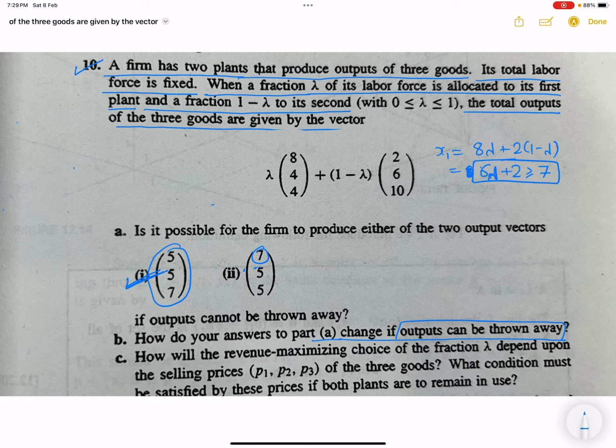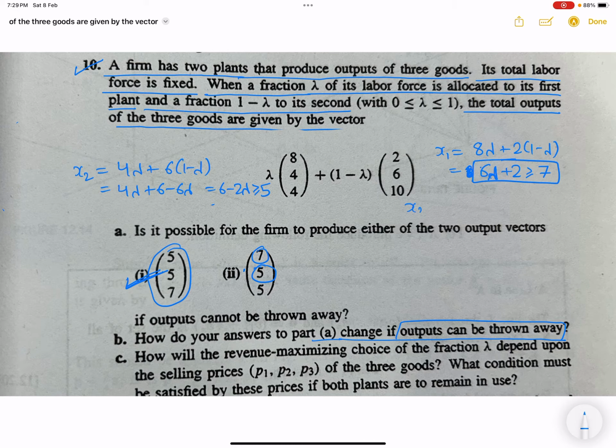Similarly, for x2, we have x2 was 4 lambda plus 6 times 1 minus lambda. So this is 4 lambda plus 6 minus 6 lambda, which is 6 minus 2 lambda. So 6 minus 2 lambda should be greater than or equal to 5 if outputs can be thrown away.